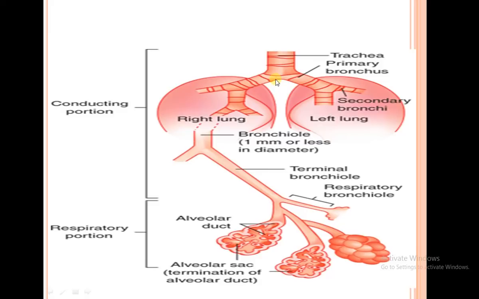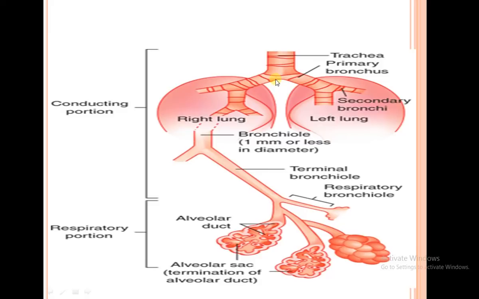The terminal bronchioles as well as the respiratory bronchioles do not contain the serous or mucus glands, but their epithelium is ciliated.